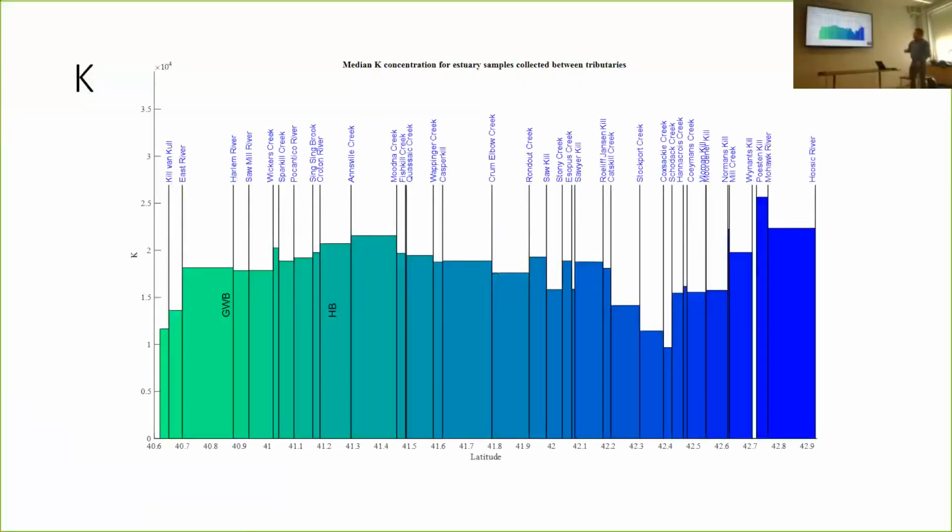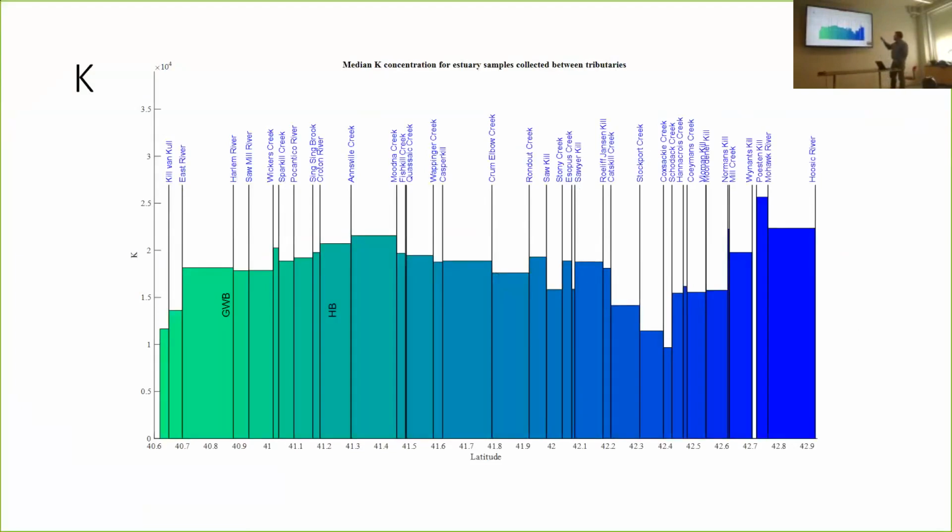So I got a few of these, and again, each bar is representative. The width of the bar is the distance between tributaries, and in some cases we didn't sample all of them, and the distance doesn't really determine how important that missing tributary is. So it would be nice to complete that so we can evaluate that.